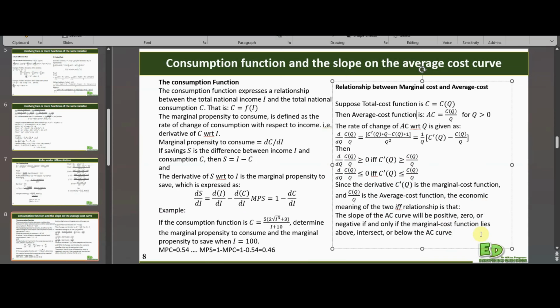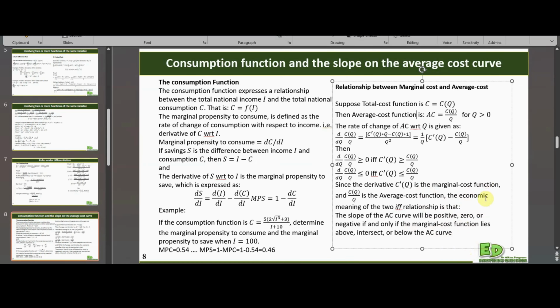I hope you get that. Marginal cost greater than average cost simply means that it is greater than 0, so the average cost function is rising.